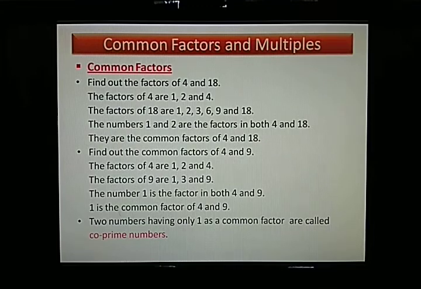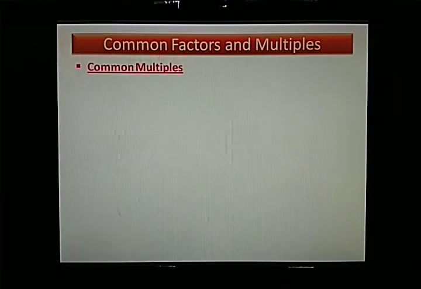Clear? This might be creating some confusion, but don't be confused. According to the definition, only if there is only one common factor and that common factor is nothing but 1 and the rest are not common, only then you can say the two numbers are co-prime numbers. Clear? So moving on, now common multiples.